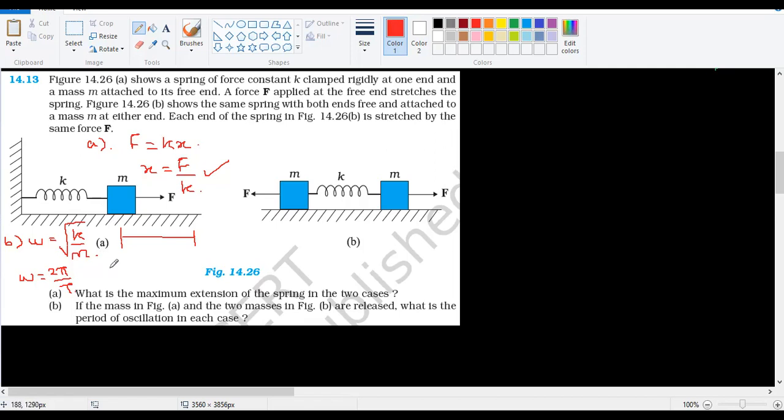So time period is what is asked. So T is equal to 2 pi by omega, which is 2 pi by square root of m by k.